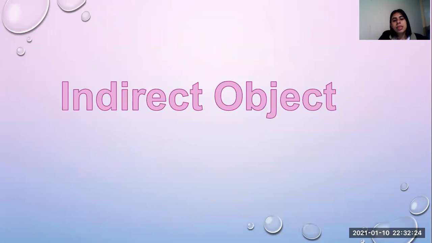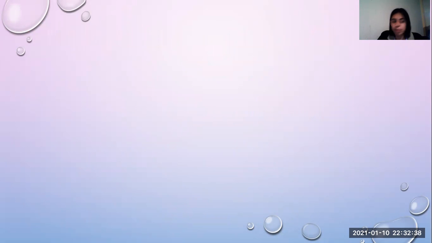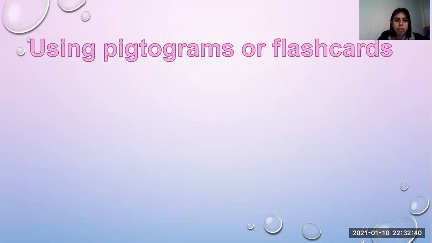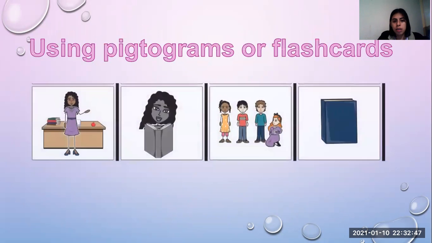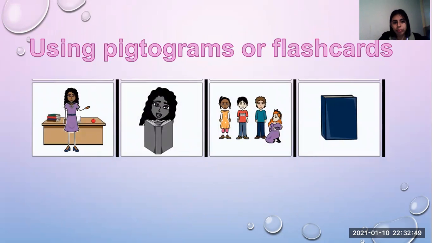So now we are going to talk about the indirect object. The indirect object is the entity or the thing or person that is benefited by the action in the verb. So my first tip to teach that is using pictograms or flashcards. We have an example here: The teacher reads us a book.